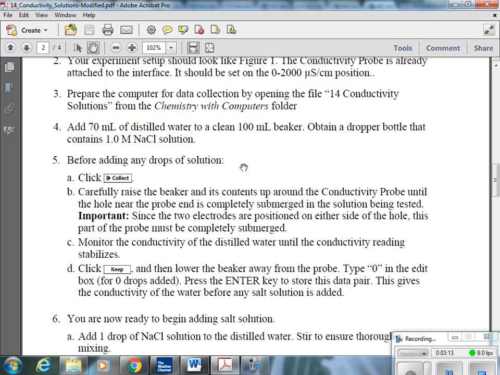Once you click keep, you need to lower the beaker away from the probe and type in 0 because this is the first one, 0 drops added. Press the enter key, and this will store the data point onto your graph. This gives the conductivity of water before anything is added.